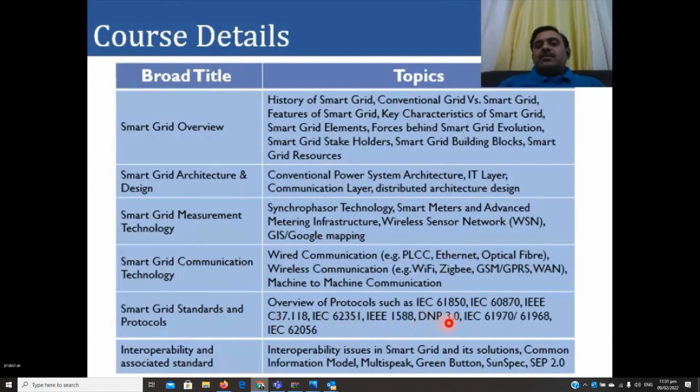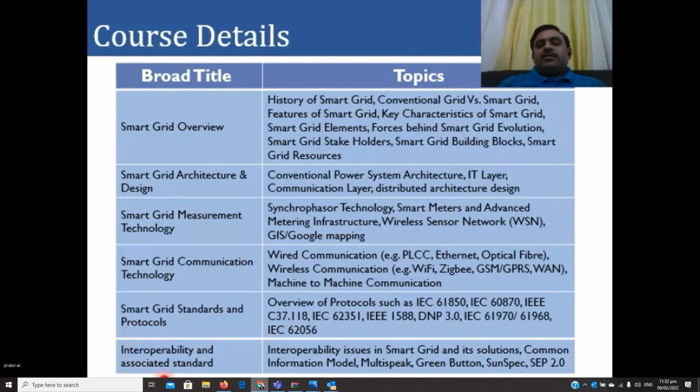Then we'll discuss DNP 3.0, which is again a SCADA communication related standard. We'll discuss IEC 61970 and 61968, which is nothing but the common information model. We'll also discuss IEC 62056, which is the communication standard for smart meter data communication.